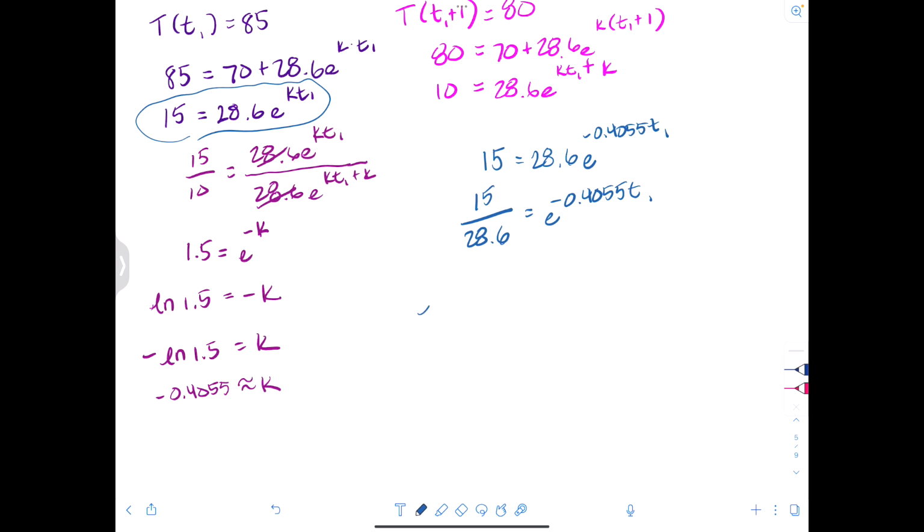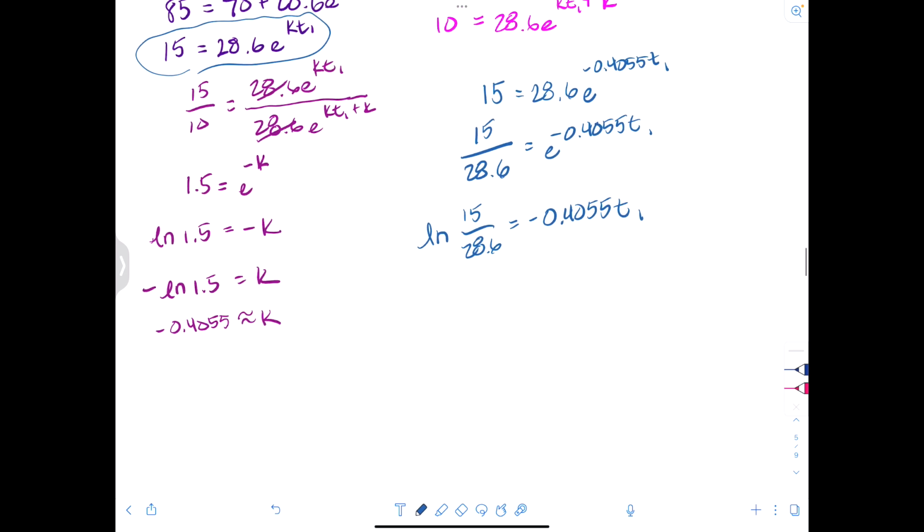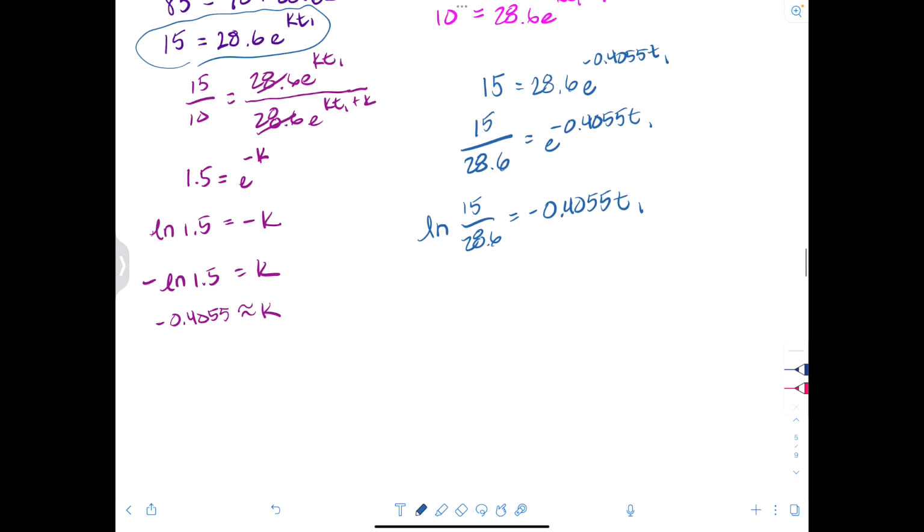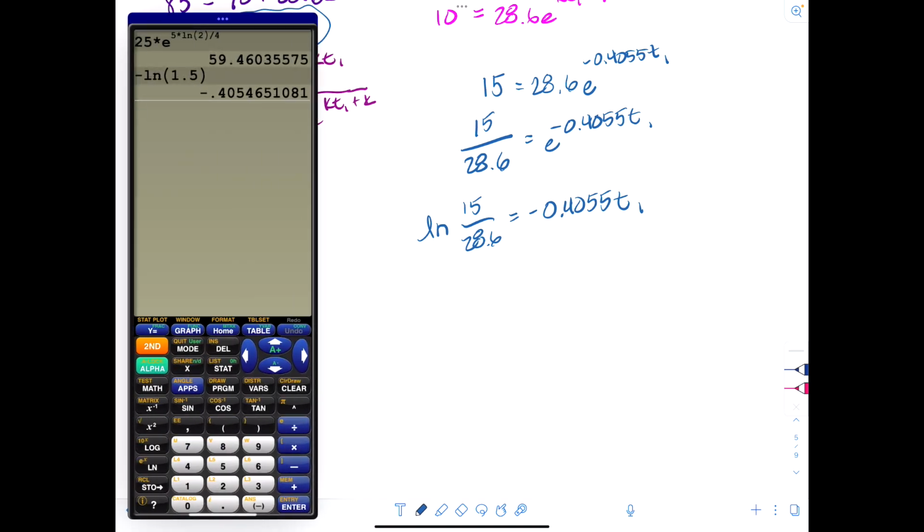and then finding the natural log of both sides, we would have this one here. And remember, T1 is the time when the body was found. That's why we use this one. And then bringing our exponent out again, we'll find natural log of 15 divided by 28.6.